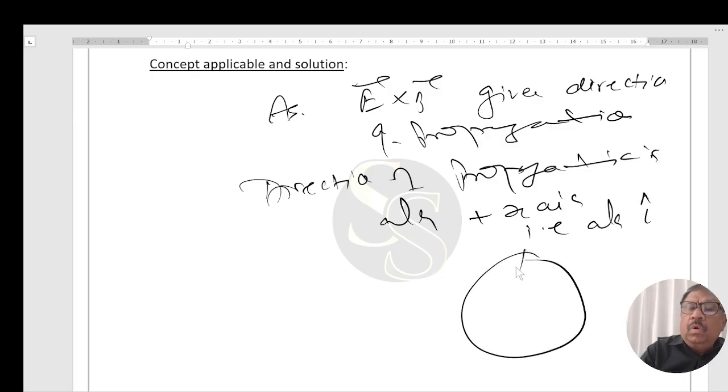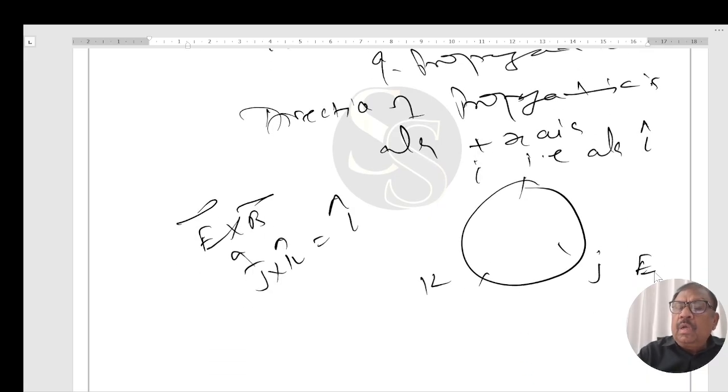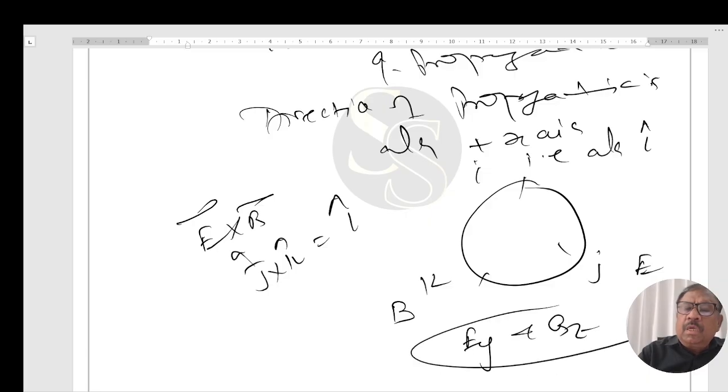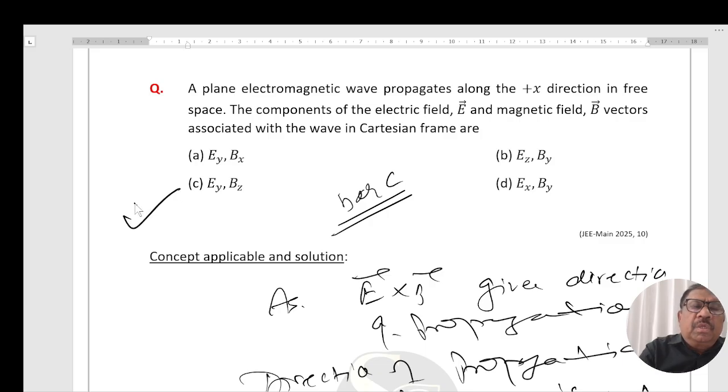You know i, j, k. E cross B gives the direction of propagation, so j cross k should be there. j cross k will give you i. So j should be E and this should be B. So EY and BZ. So C is the correct answer.